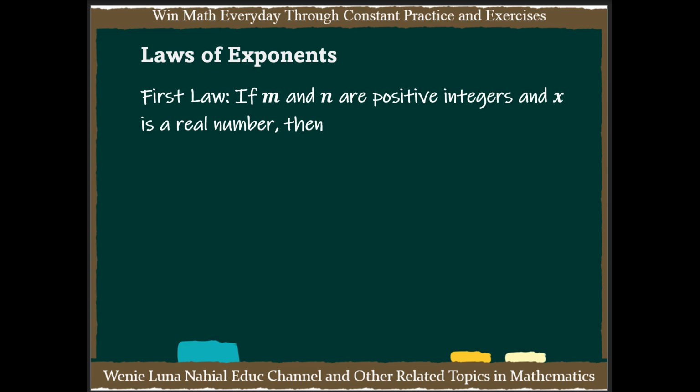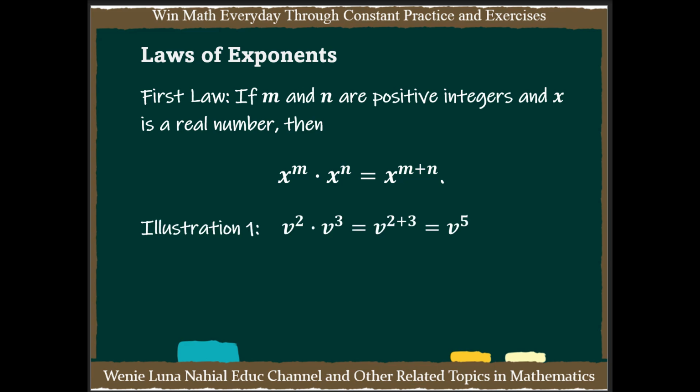Now, the first law of exponents states that if m and n are positive integers and x is a real number, then x raised to m times x raised to n is equal to x raised to the sum of m and n. Illustration: we have here b raised to the second power times b raised to the third power.